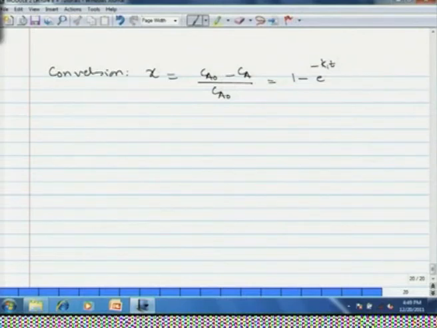Now, e to the power minus k1t then becomes equal to 1 minus x, then minus k1t becomes equal to ln 1 minus x. Then similarly, by multiplying both sides by k2, you get this.